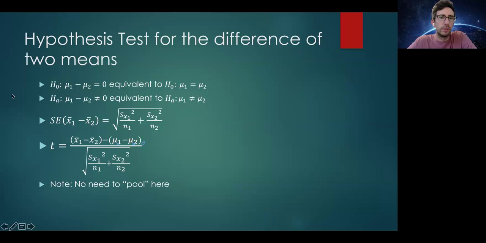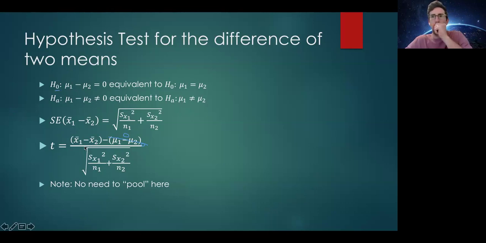I guess I can just say the difference between mu1 and mu2 from our null hypothesis. But we're always assuming that that difference is equal to 0, so this thing is just 0. This difference minus 0 is just this difference itself.